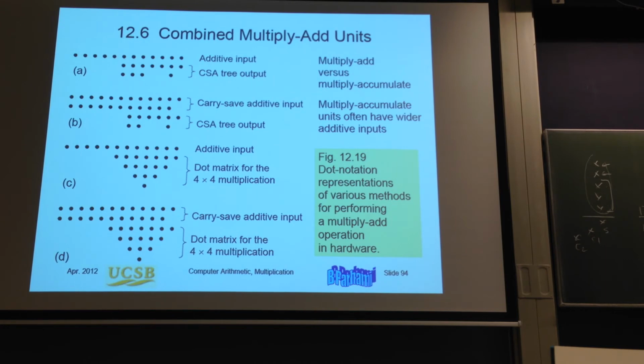And this is giving you a picture about how to deal with multiply-add units. I was saying that in modern processors, we mostly have a unit which is executing the math instruction, multiply and accumulate, which is good in filters, and which is essentially absorbing an addition into the multiplication matrix at no cost.